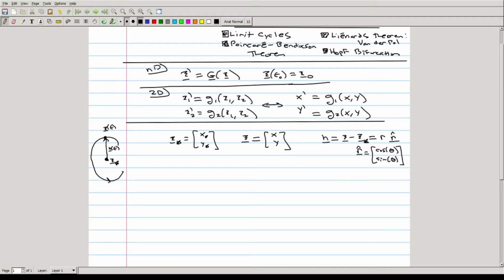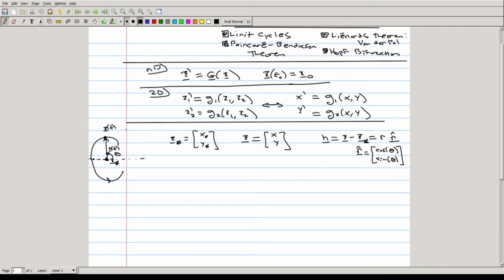Theta is just the normal angle from the x-axis. I should say the angle from the projection of the x-axis onto this point right here. So this angle theta right here.